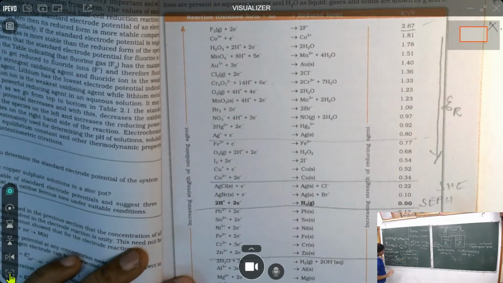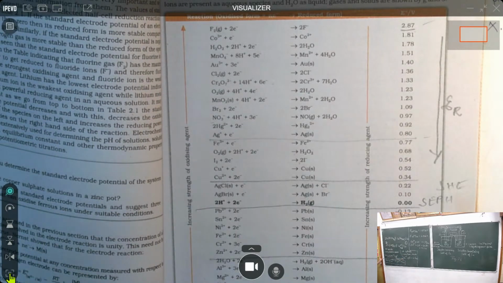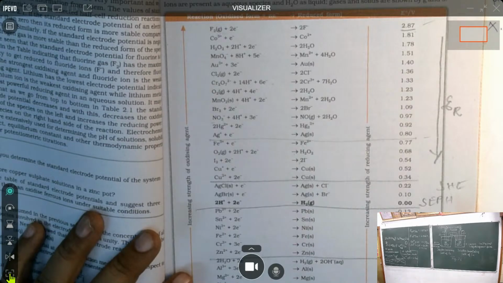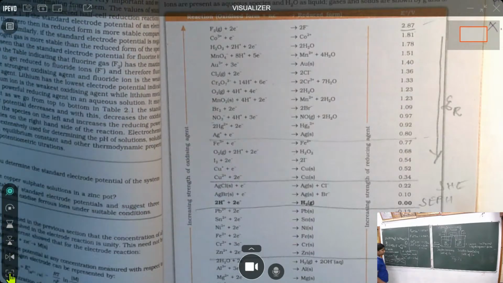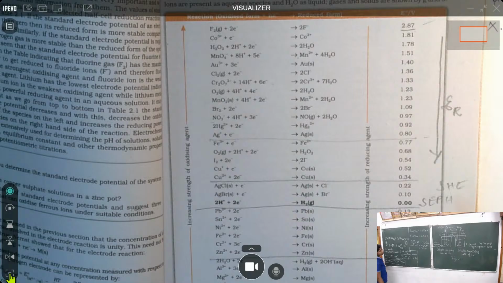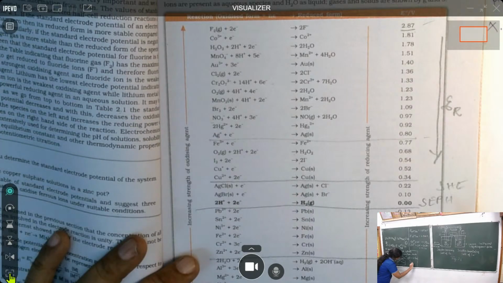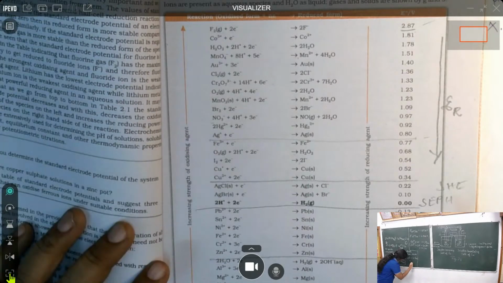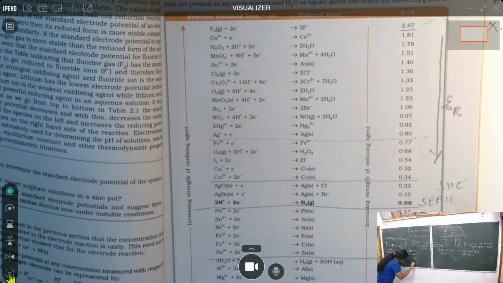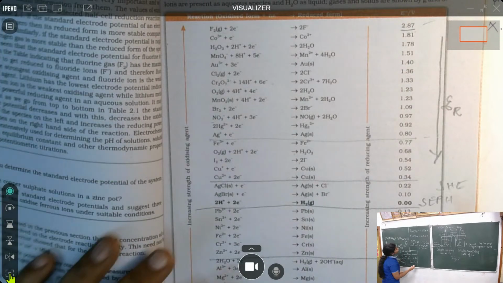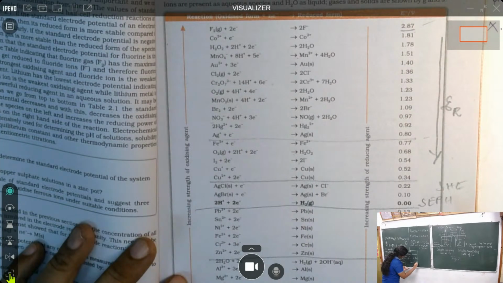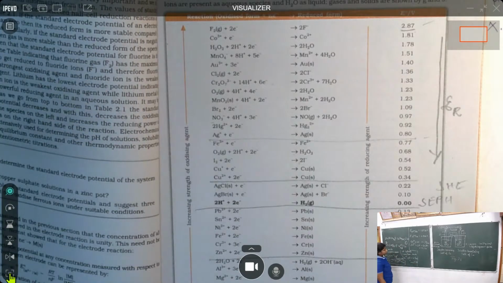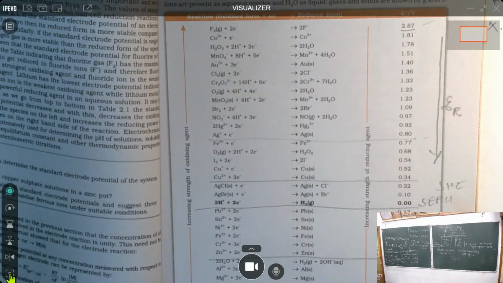Is it clear now? Okay, right. And what about the copper? Copper undergoes reduction only here. You can write it as such, 0.34, Cu2+/Cu. I am changing the value accordingly, 0.34. Now we have combined these two equations, so you can combine the values also.